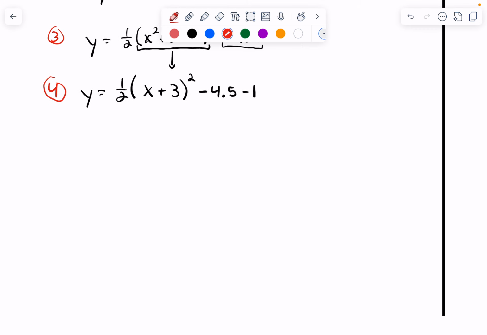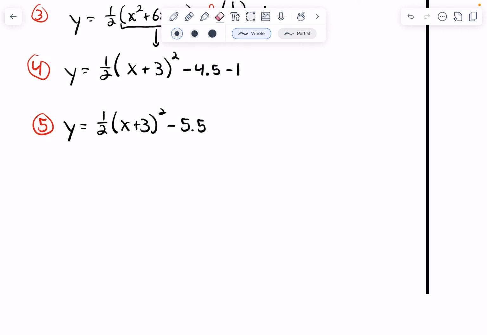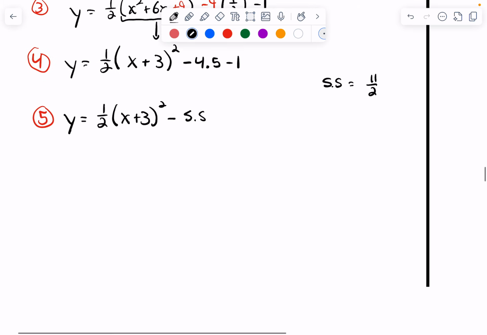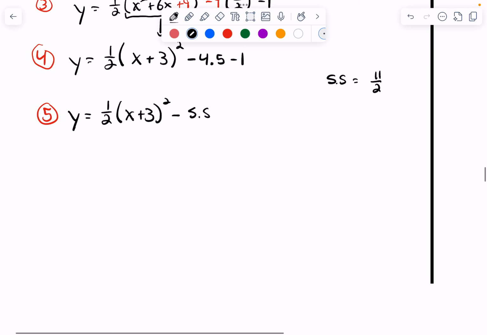So then you have y equals 1/2 (x plus 3) squared minus 5.5. And if you didn't want to put it in a decimal, 5.5 is the same thing as 11 over 2. Okay? So, same thing.